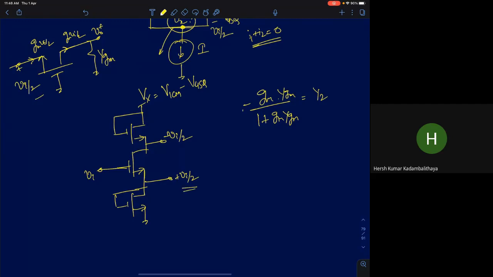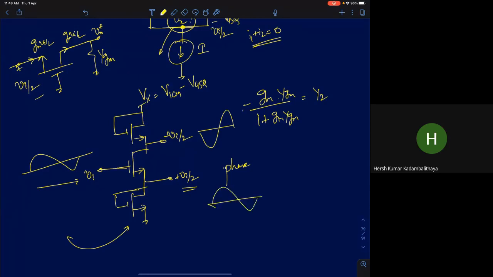This circuit, oftentimes we also call a phase splitter. It can take one single-phase sine wave and generate two sine waves of opposite polarity. It can split the phase into two, so you get two different sine waves with half the amplitudes.